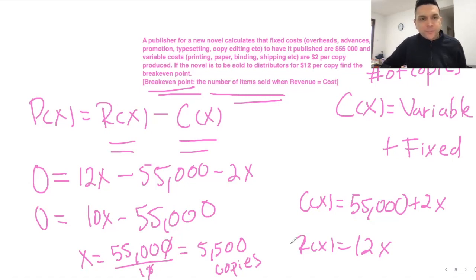That's it. So again, profit equals revenue minus costs. For costs, you have variable costs and fixed costs. They'll tell you the fixed ones, and the variable costs usually have to do with the number of copies you make, how much it costs to make one copy.